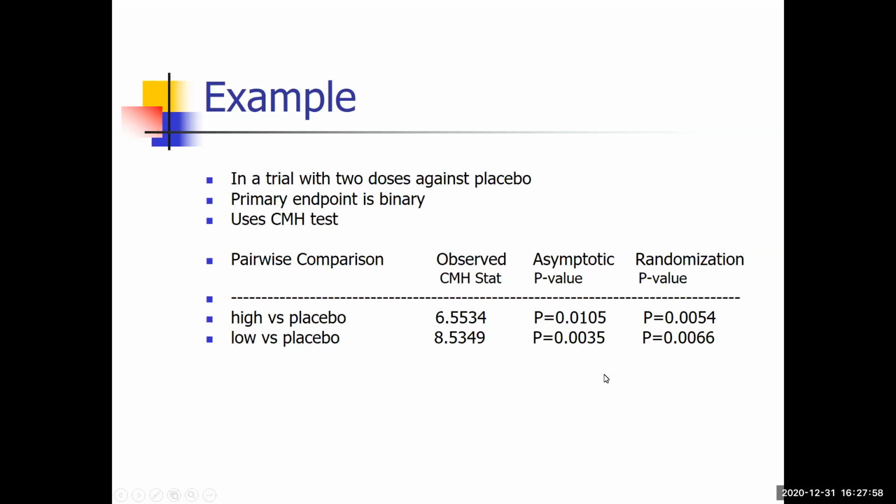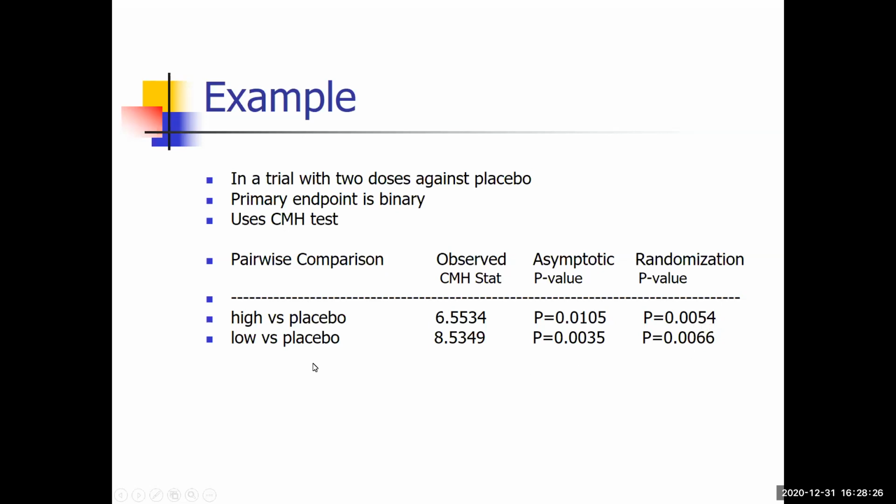With those, we look at where 6.5534 is located. You look to the right of it and count how many chi-square values we obtained from the permutation, then divide that by 10 million, and we got 0.0054.